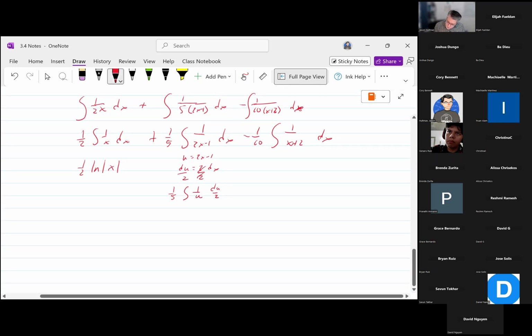You can pull that 1/2 out in front, that becomes 1/10 times the integral of 1 over u du. And so this becomes 1/10 natural log of u. But what was u? It was 2x minus 1, so this just becomes 1/10 times the natural log of 2x minus 1.